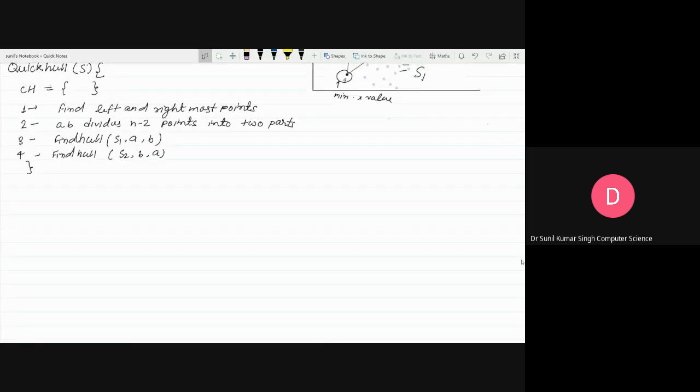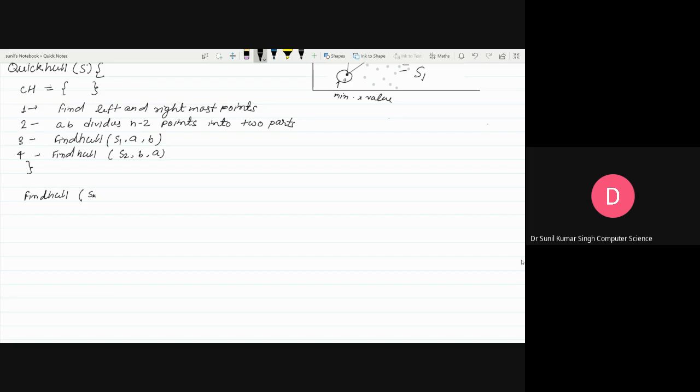Find hull will take parameters like the ones we have called it with: S1, A, B and S2, B, A. So let's say Sk indicates it will take the set of points S1 and S2. It is clear to everyone, I hope.